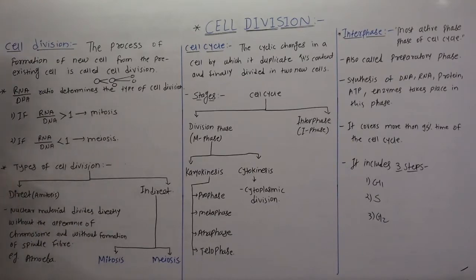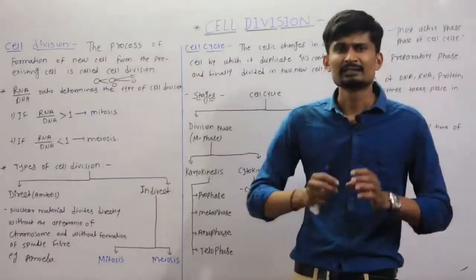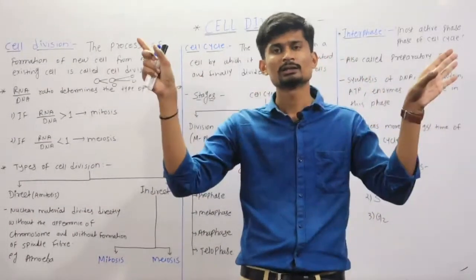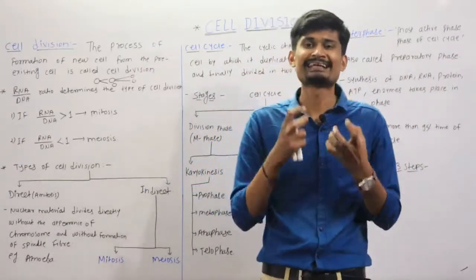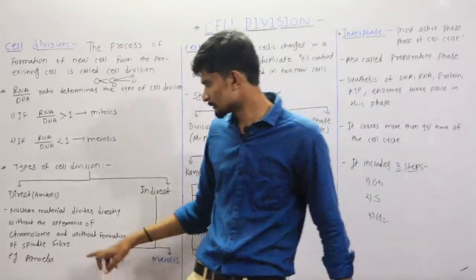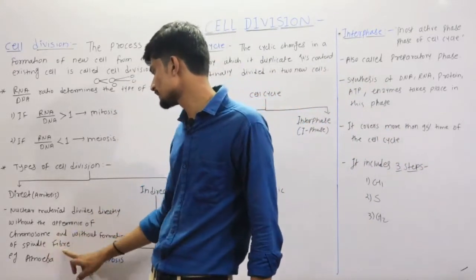So what happens in direct type of cell division? There is no appearance of chromosomes during the cell division. There is a direct division of the nuclear material, so there is no formation of a thick chromatin network, and without formation of spindle fibers.